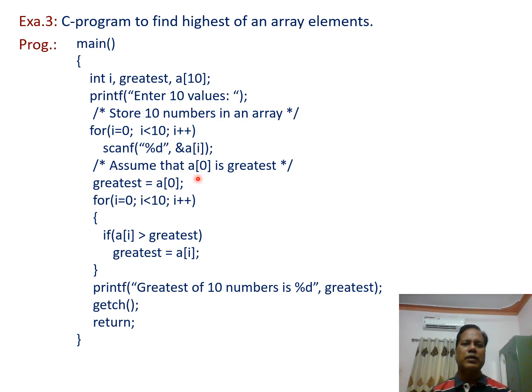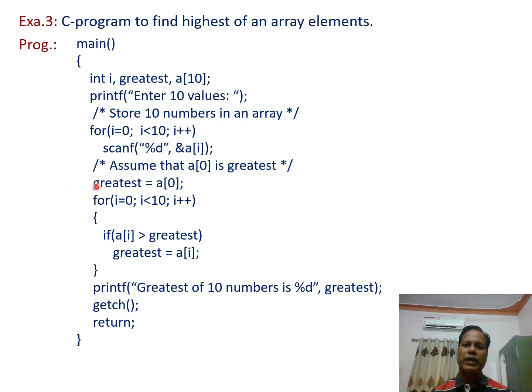If not, this value is compared with the third value. In this way, we go on comparing each value of the array elements, and whenever the next value is found to be greater, that value is set as the greatest value.